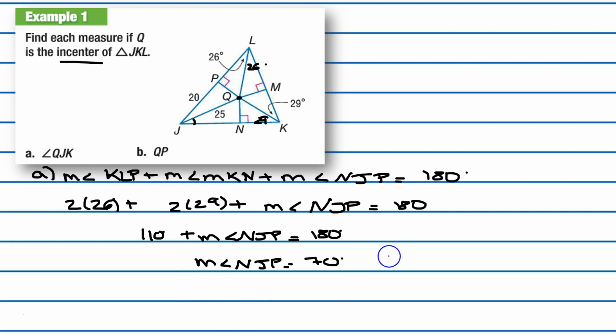So if you're trying to find the measure of angle QJK, we know that is equal to half of 70, which is equal to 35 degrees. So the measure of QJK is 35 degrees.